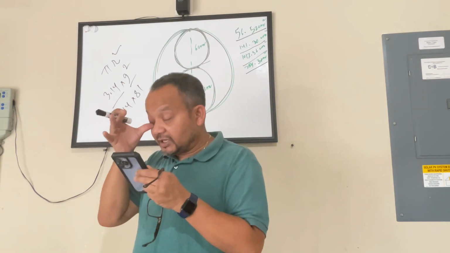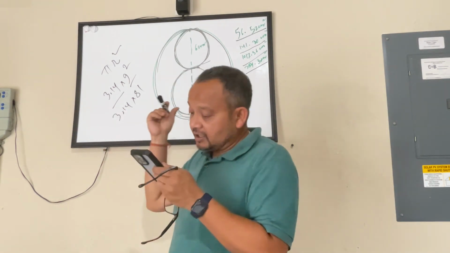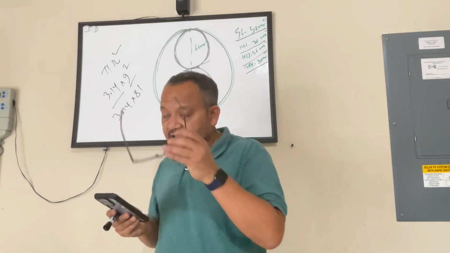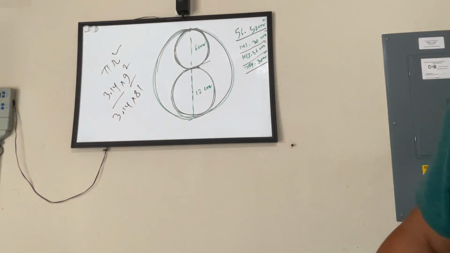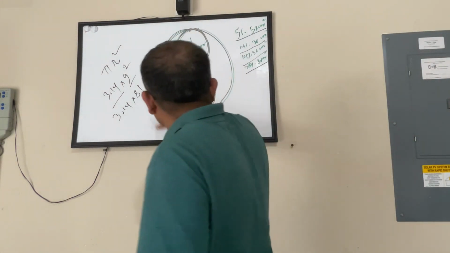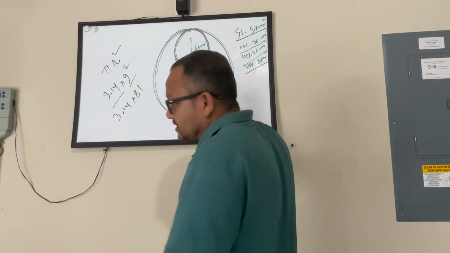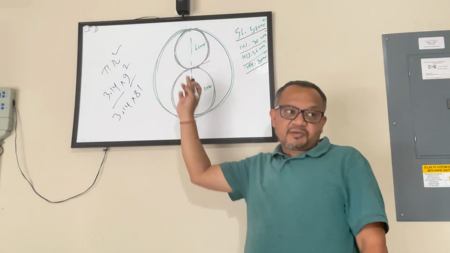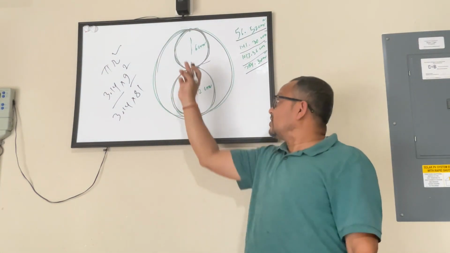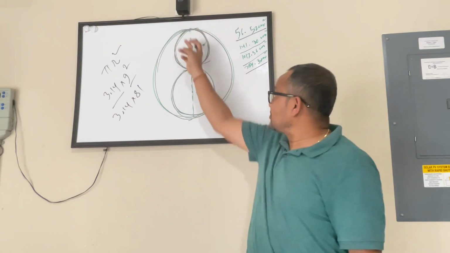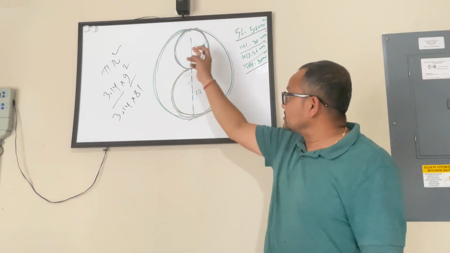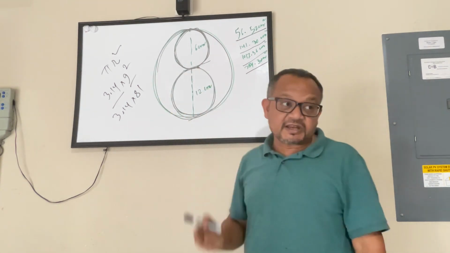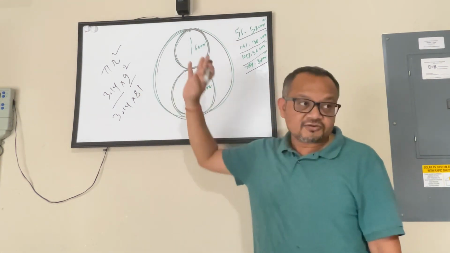Simple question, right? You have one big circle given, and inside that you have two circles given, and you know the diameters, from which you will be able to find the diameter of the bigger circle, which is 12 plus 6, 18. The radius will be 18 by 2, and then you do the maths.